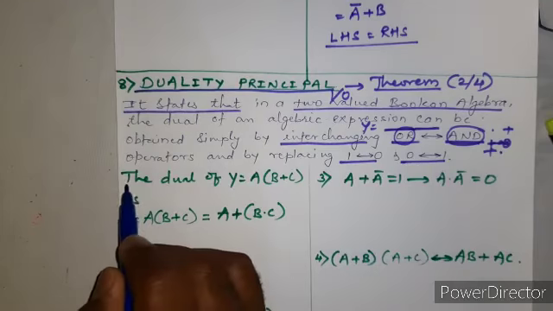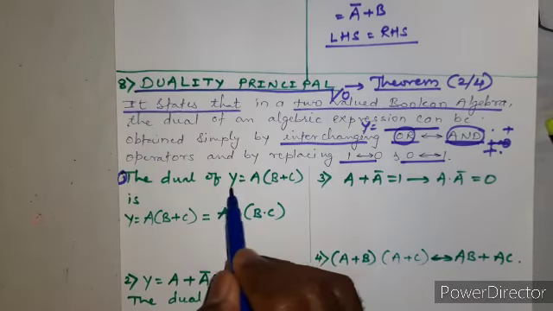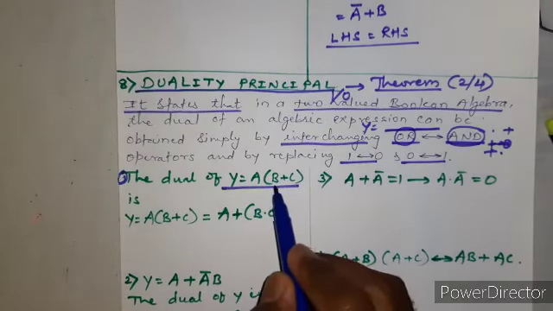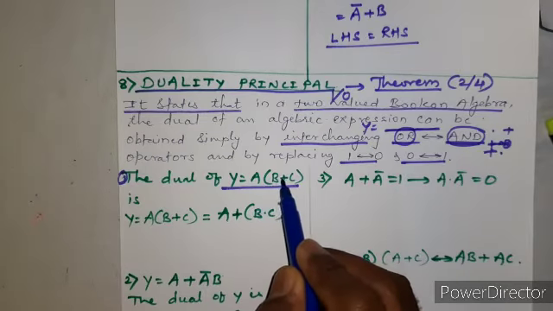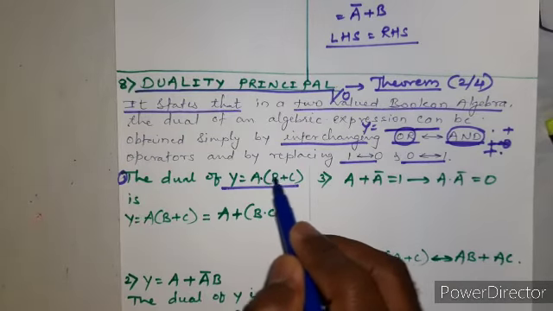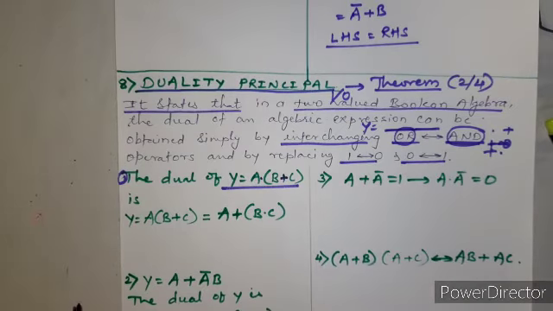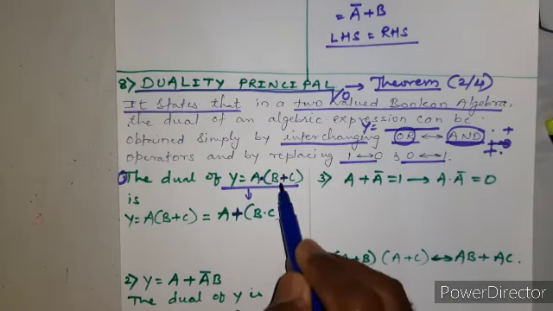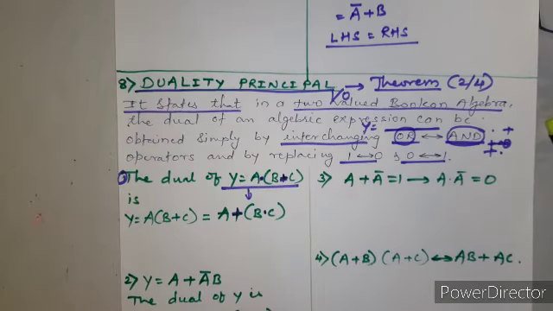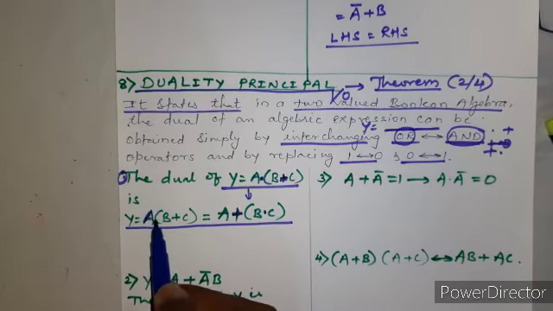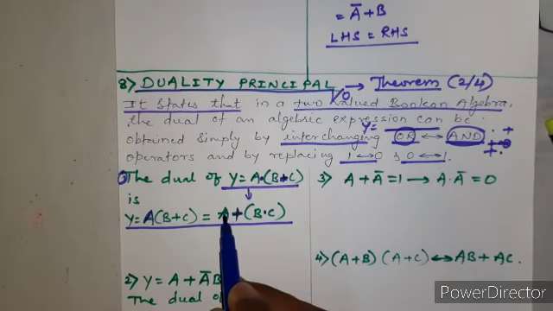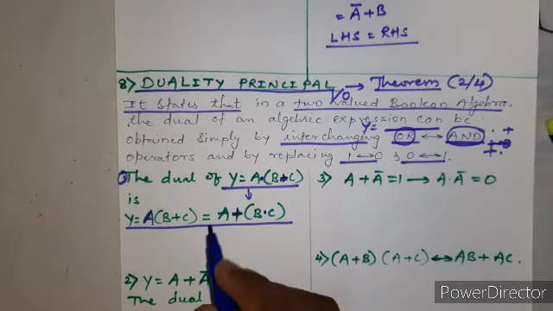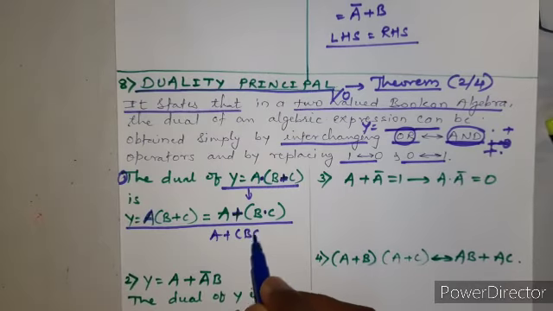Just take an example. The dual of this equation Y equal to A dot B plus C. Here it is dot and here it is plus. So what we have done here, replace this dot by plus and this plus by dot, right? So this becomes A plus B dot C, or I can write A plus BC.